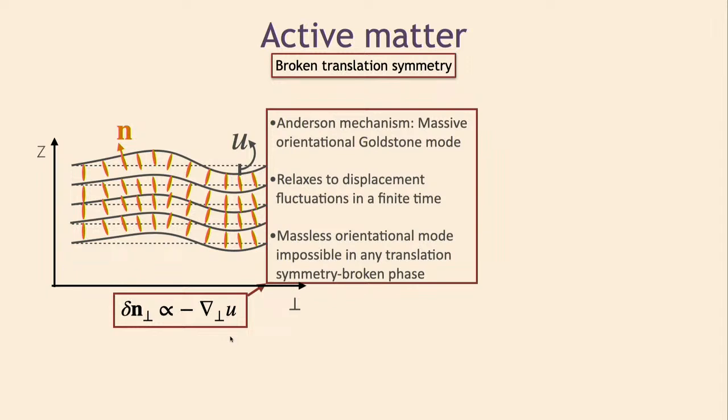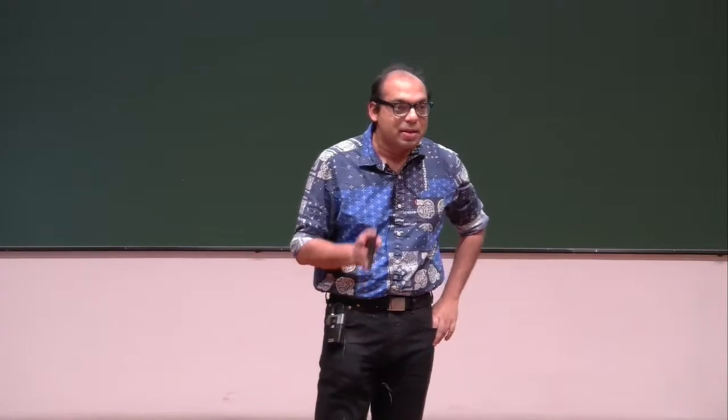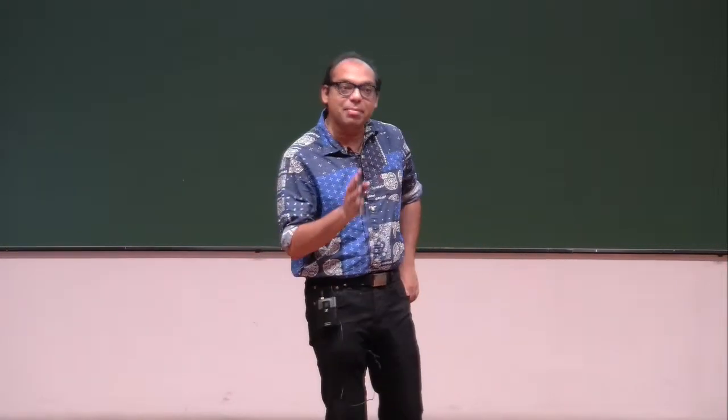So for the younger people in the audience, what would a similar argument in a solid tell you? Any takers? It tells you something about the free energy of a solid. What does it tell you?